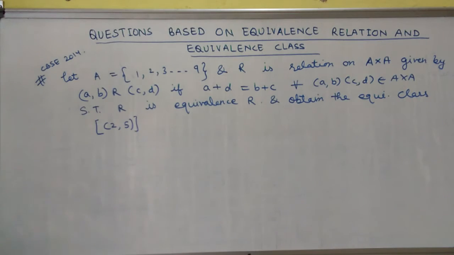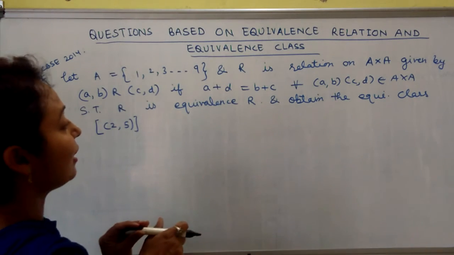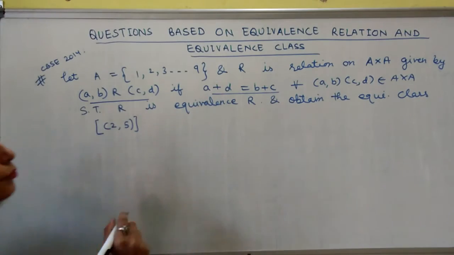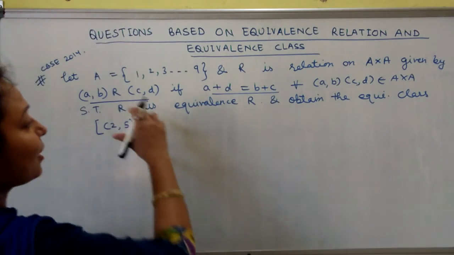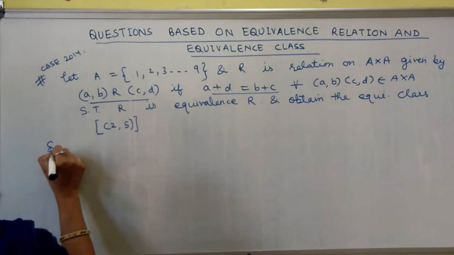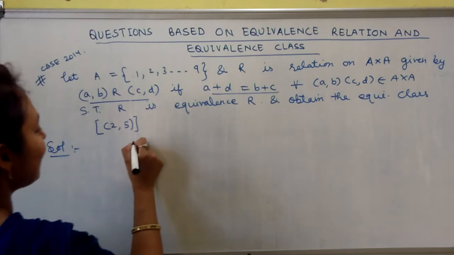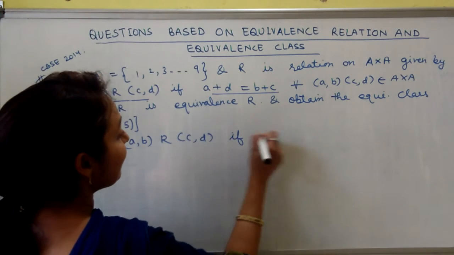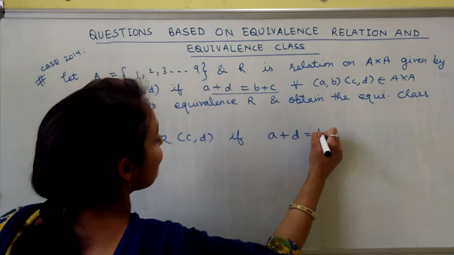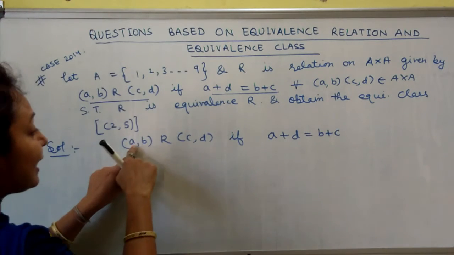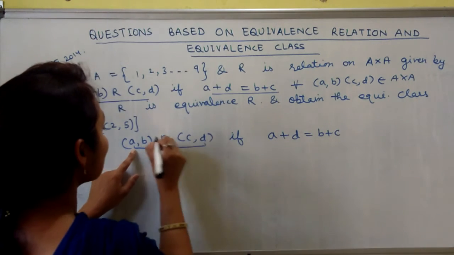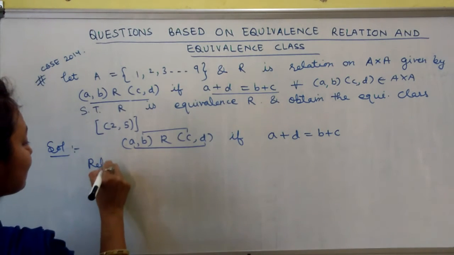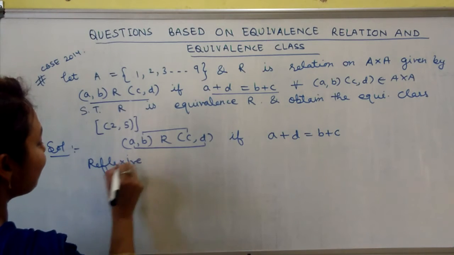So a very easy question. How to prove? Our main focus is on this, and we have to mold our question according to this only. When we start, we have (a, b) related to (c, d) if a plus d equals b plus c. That means the sum of these two equals the sum of these two. So first of all, do the work on reflexive.